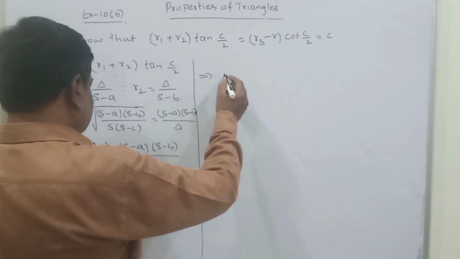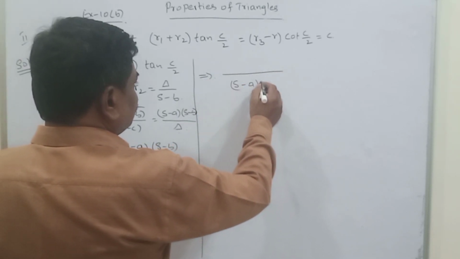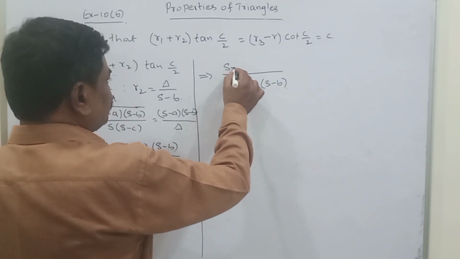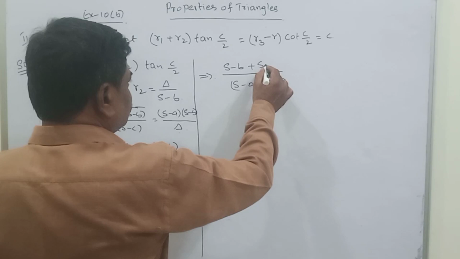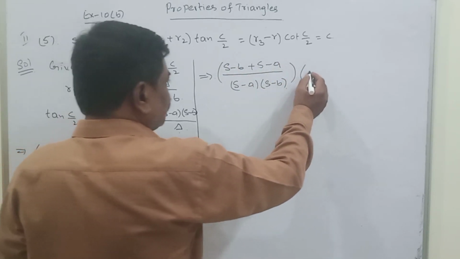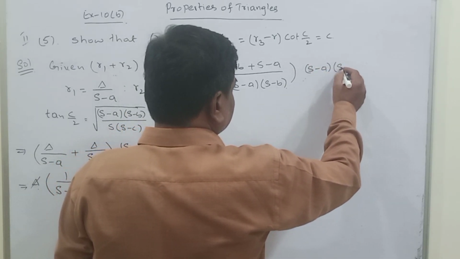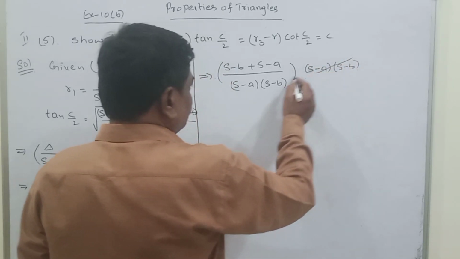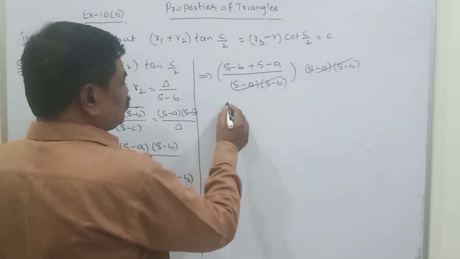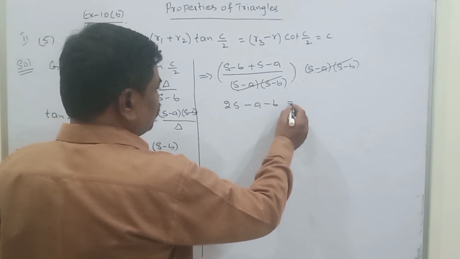LCM S minus A into S minus B. So numerator S minus B plus S minus A into S minus A into S minus B. This one cancel. S plus S is equal to what? 2S minus A minus B.